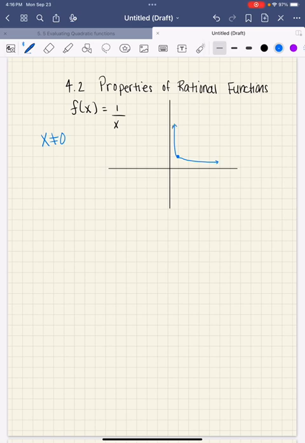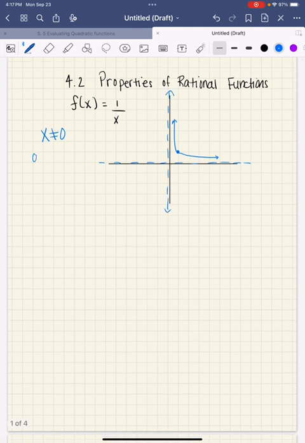And it has an asymptote on the y-axis as well as on the x-axis. There's an asymptote on the y-axis because x can never be 0. So that causes what we call an asymptote, and it is a line that the graph approaches but never touches.